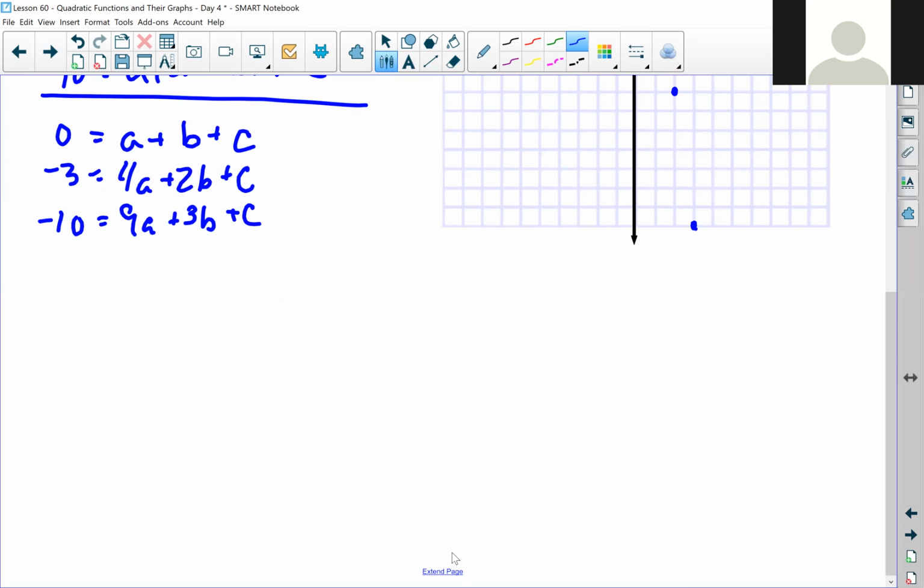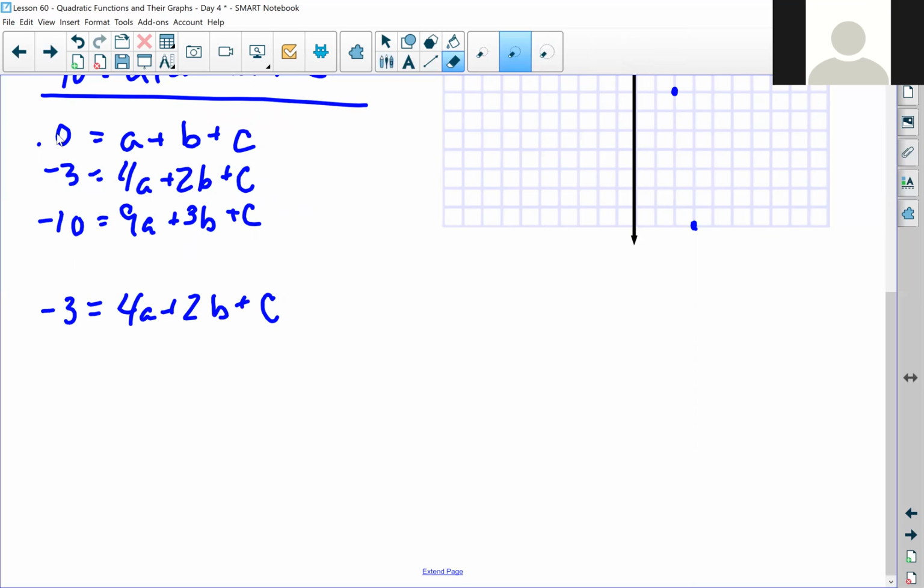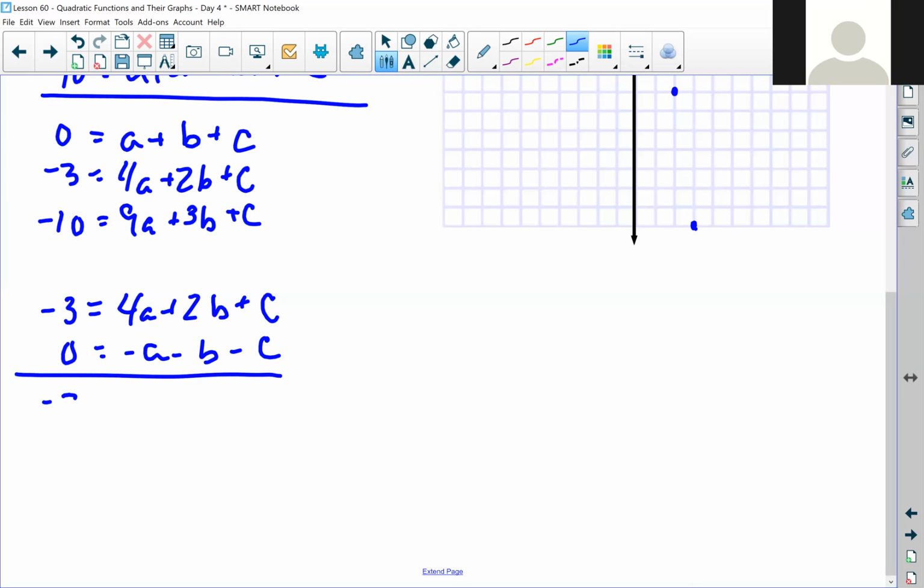So if I take my second equation, and then take my first equation, multiply it by negative 1 and add, or you could just say you're subtracting the first equation, the c gets eliminated.